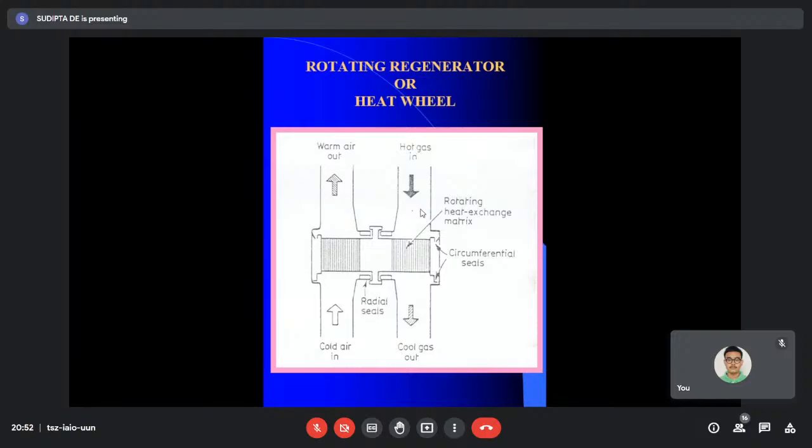Radial seals take care of this radial leakage.